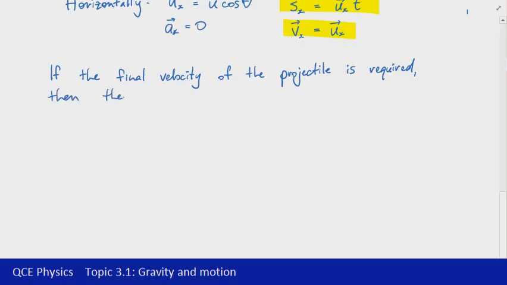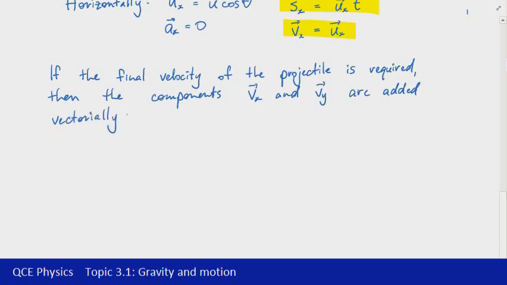So be guided by what the question is actually asking. But ultimately, the components Vx and Vy, you just need to add them as vectors. So that same process that we've seen already, adding them vectorially. So the final velocity v is just the sum of the velocities Vx and Vy.